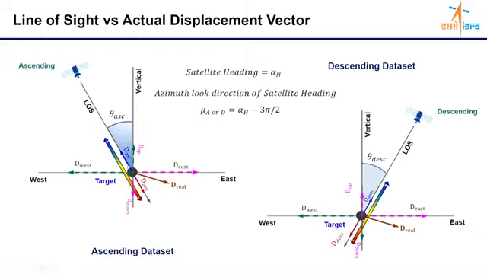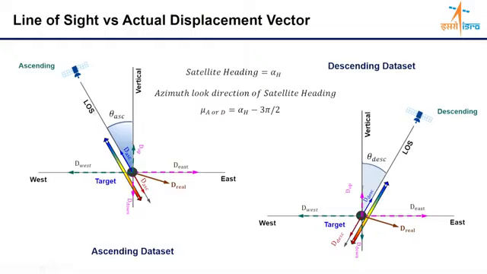Suppose in your area only land subsidence is happening, you are sure that horizontal motion is not happening and only vertical motion is happening, then you can directly use the line of sight vector of the single pass data along the vertical or downward component.